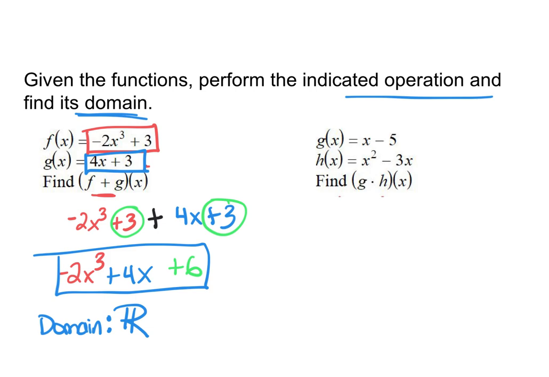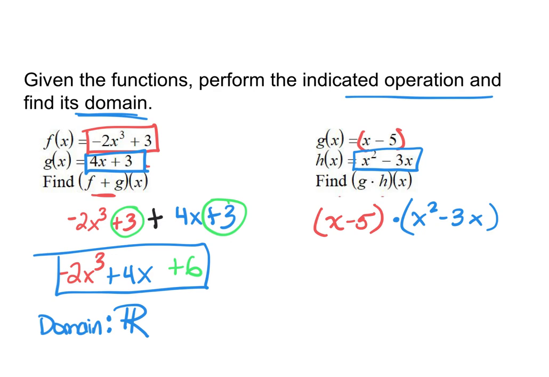I can also multiply my two functions. You just have to make sure that you're very careful stating your notation so you do not get confused with your symbols. So g times h. This means I need to double distribute.